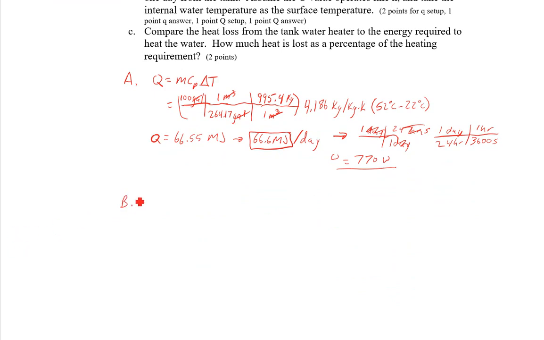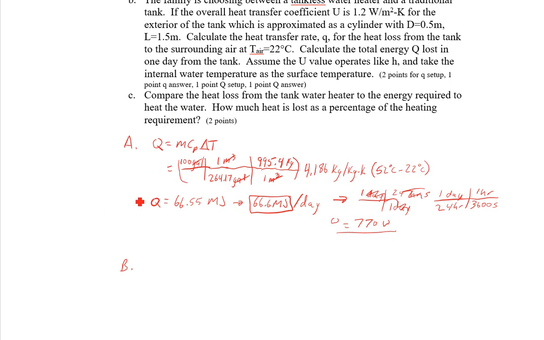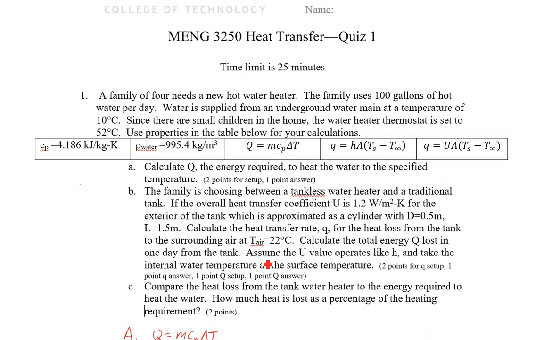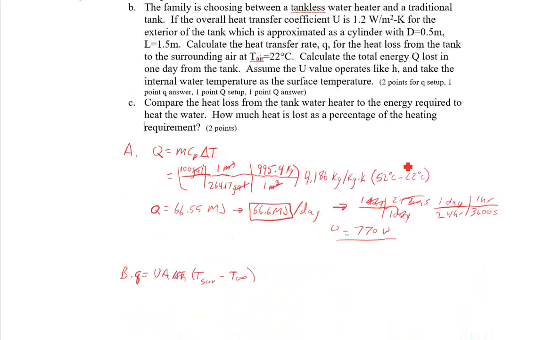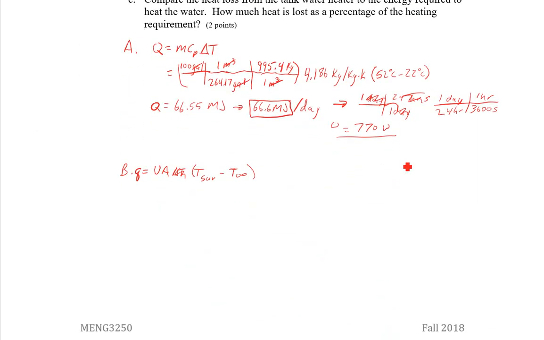Part B, I went a little too far. So we're told that we have some heat loss, Q equals U A delta T, where delta T is T surface minus T infinity. I think that's how I gave that to you. Yep, T surface minus T infinity, not surroundings.